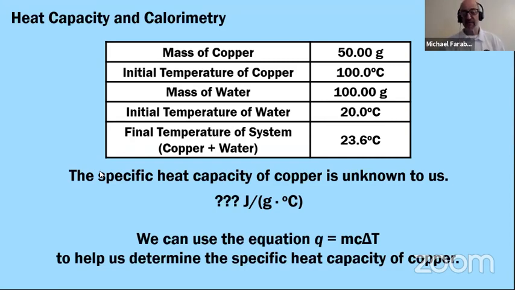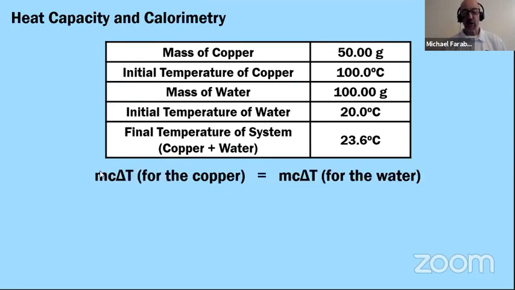Again, a common experiment in chemistry class under the category of thermochemistry or thermodynamics. So how we're going to do this is based on the fact that the heat that was lost by the copper is equal to the heat gained by the water. So mc delta T for the copper is equal to mc delta T for the water. And we know everything except for the specific heat capacity of the copper.